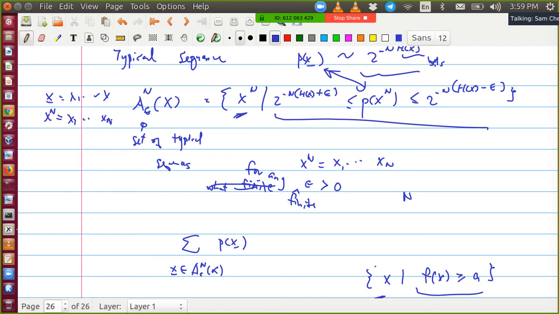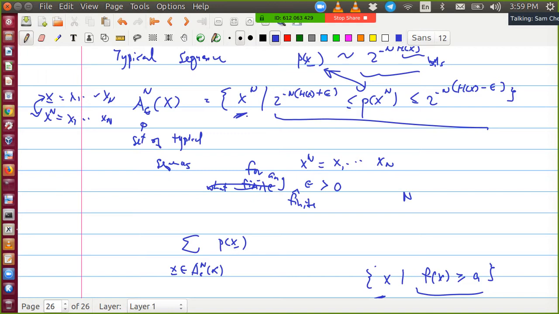Sometimes people write it this way just to be lazy, because it's cleaner. But here we also specify the length n, from x1 up to xn. So that is just notation. These two are the same.